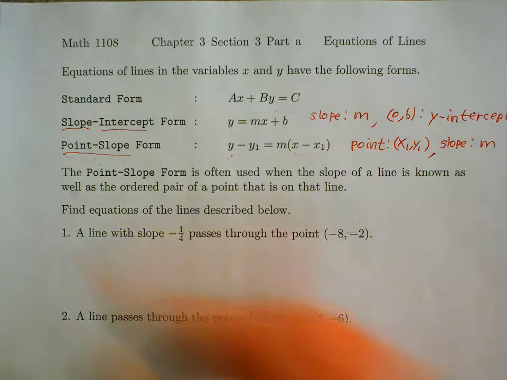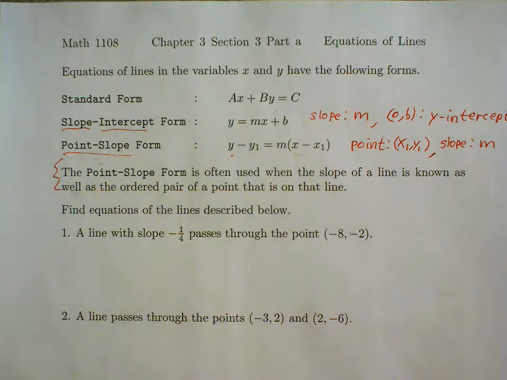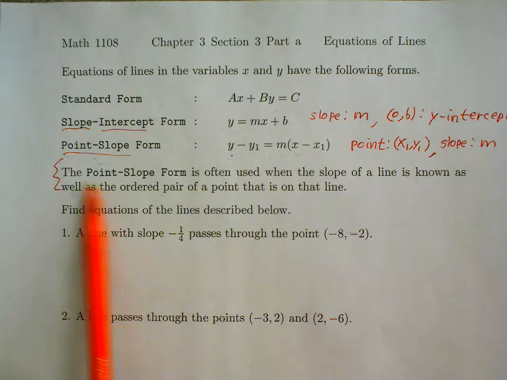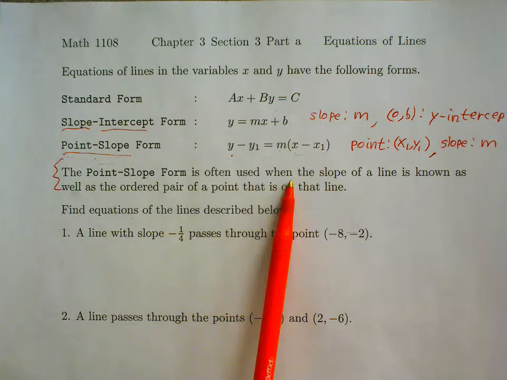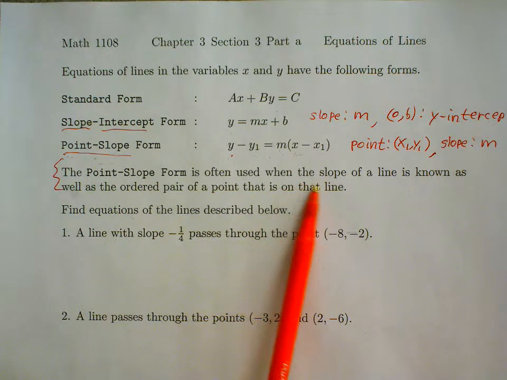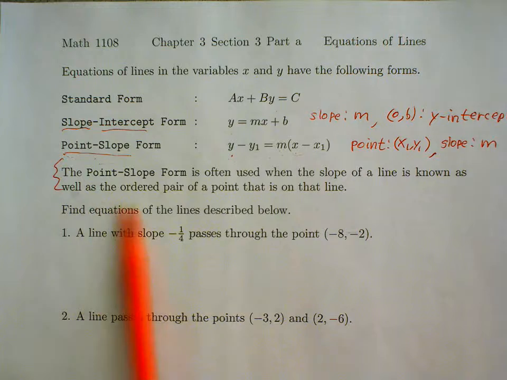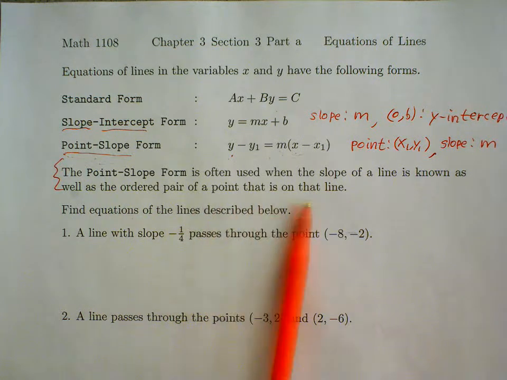Okay, the point-slope form is a very useful form to apply in various cases. It is often used when the slope of a line is known, as well as the ordered pair of a point that is on the line.